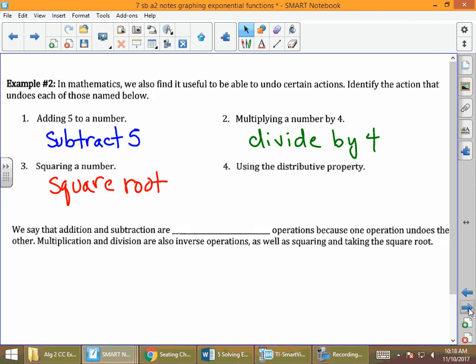And then the last one maybe really is a tougher one. We don't necessarily think of it in terms of undoing, but if we do the distributive property, when we undo that, what we're really doing is we're factoring.